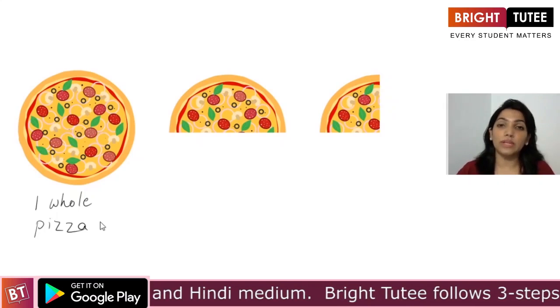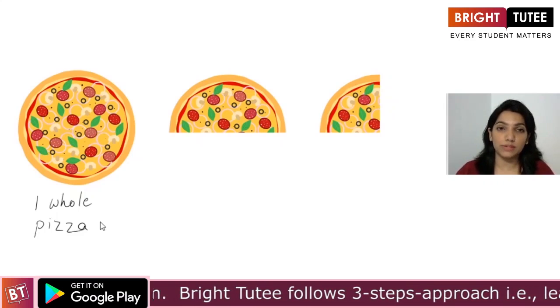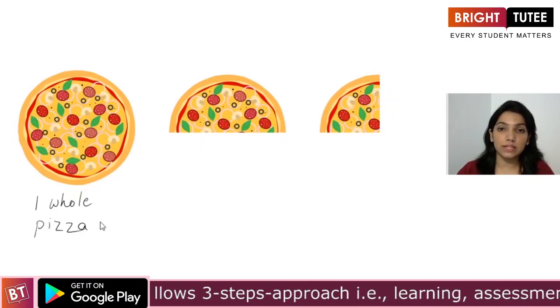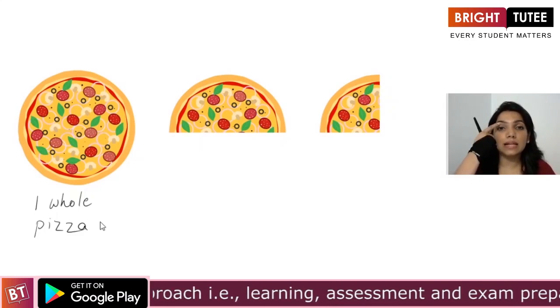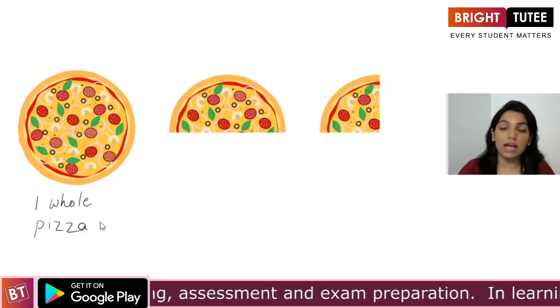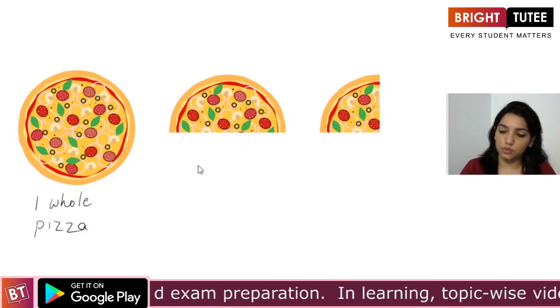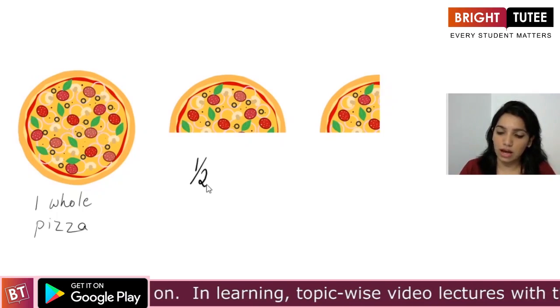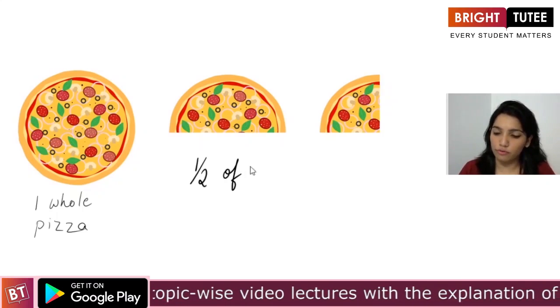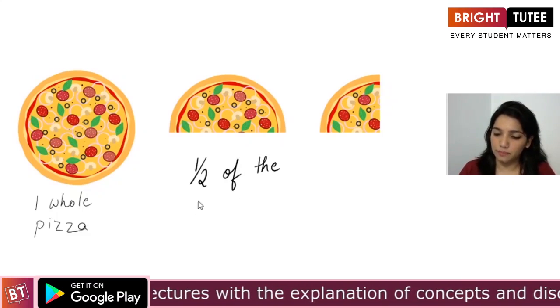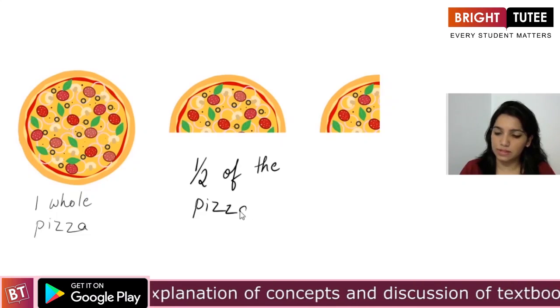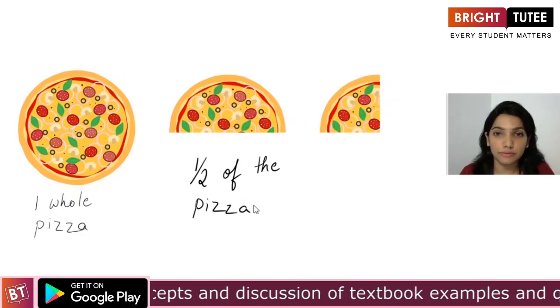But I'm sure we cannot eat this huge pizza, right? So what we did, we cut it exactly into two parts. So this is the half part that you can see. This is half of the pizza.